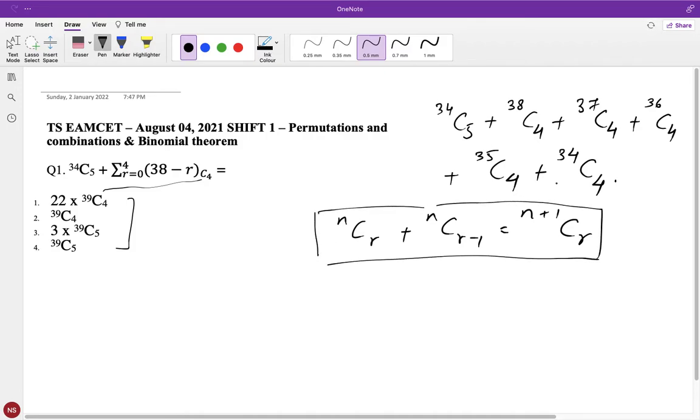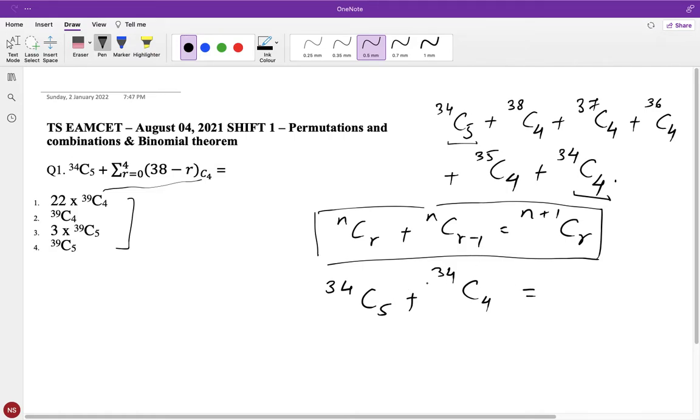So if I look at where is r minus 1 and r in this, all of these are 4, but this is 5. So if I look at 34C4 and 34C5, 34C5 plus 34C4, you can say n equals 34 and r is equal to 5. So r minus 1 will be 4.